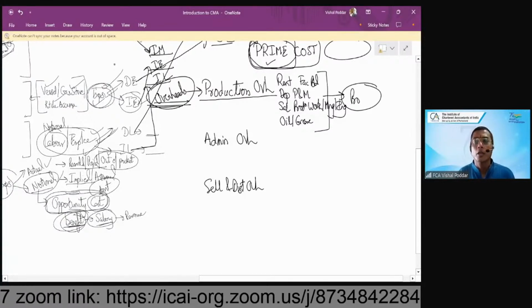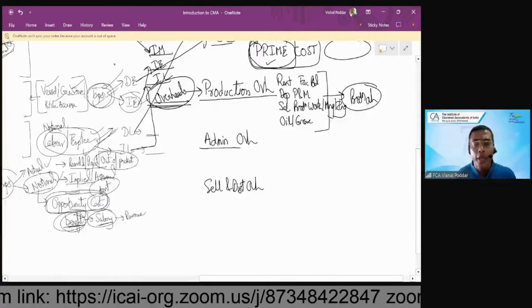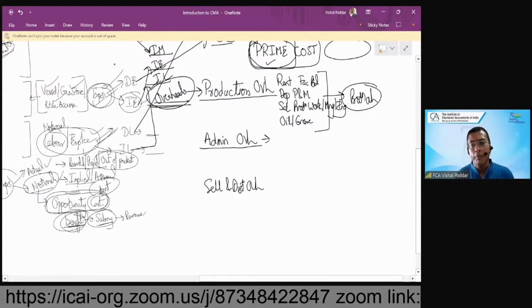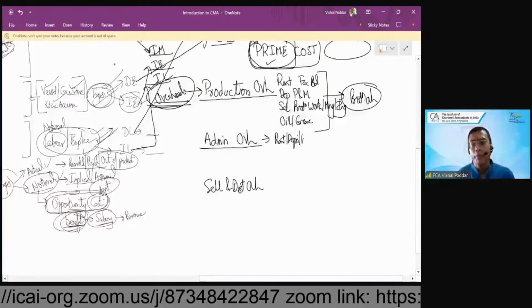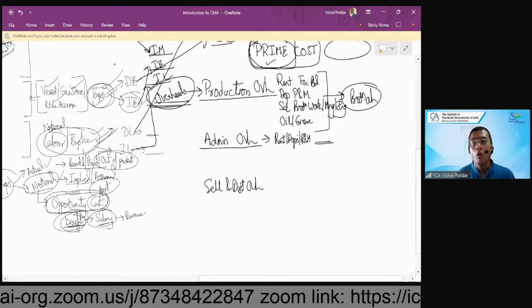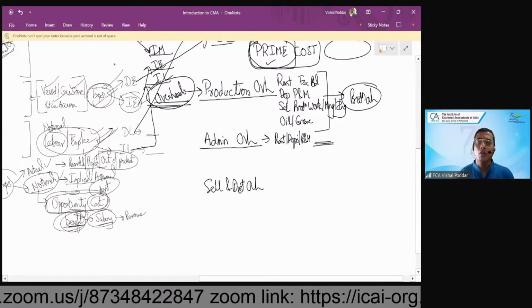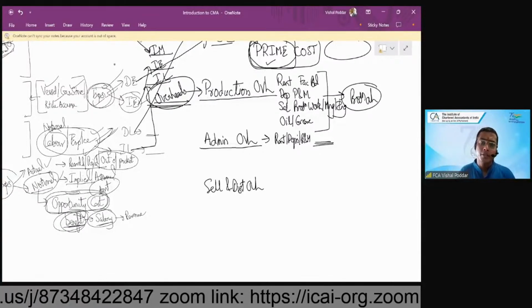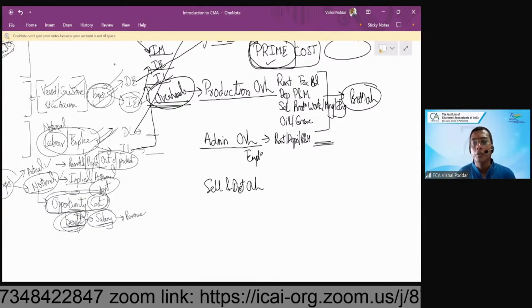So all my indirect expenses, indirect costs, material, labor, expense, all which are related to the production function are classified as production overheads. Then those indirect costs which are required for managing the business, like it will majorly again cover rent, depreciation, repair, maintenance of all your office related assets. So it may be your office building, it may be all the furniture in the office. Office means the administrative area. It may be the computer and systems used. Then again, it will mainly cover the employee cost.